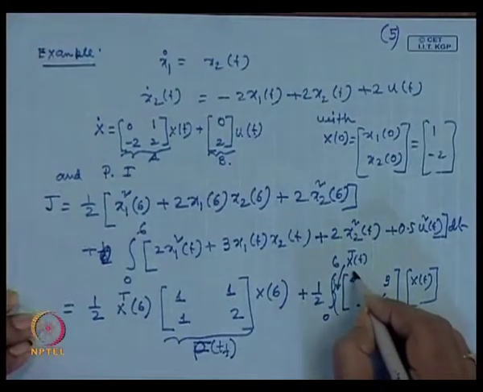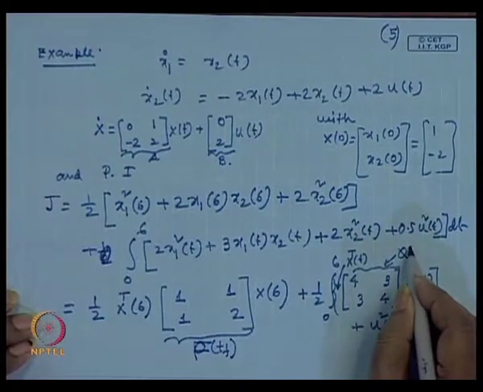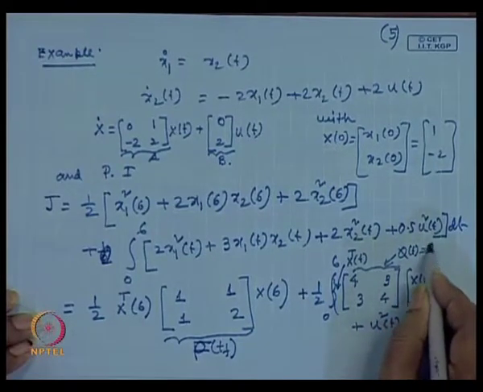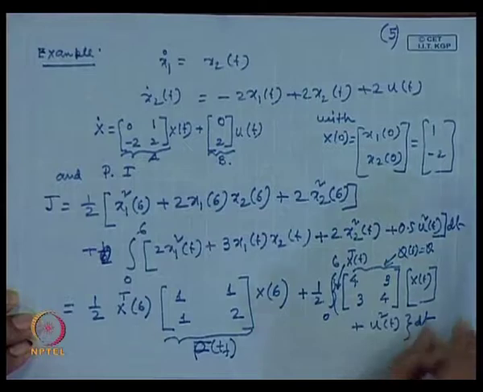and this matrix is nothing but our Q of t, which is equal to Q, because it is not a function of time, and this R is equal to 1 here, that means the weightage in the control vector is 1. So, I can write it now this way.